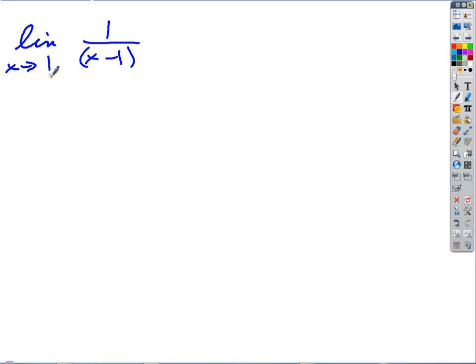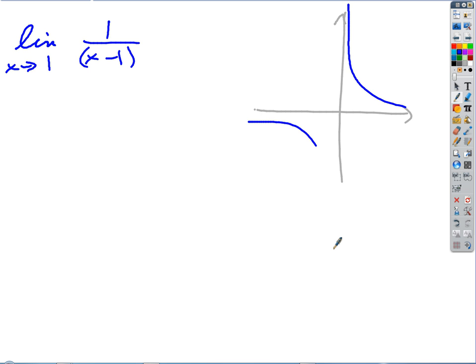Now, if we draw the graph of that, we'll cheat for a second. Then we'll talk about maybe ways we wouldn't have to cheat. If we were to graph this, it would look like this. Oops, the asymptote's at 1, not 0 though, right? But the important thing is it's a split function like this.